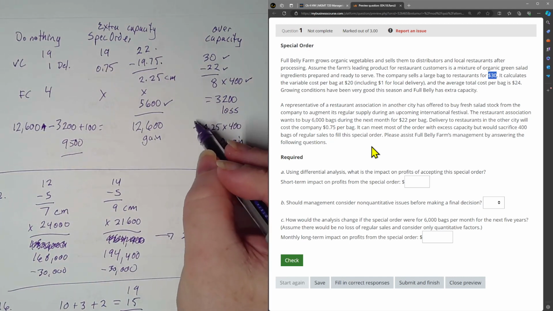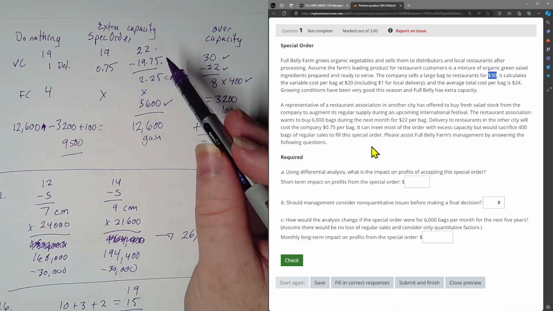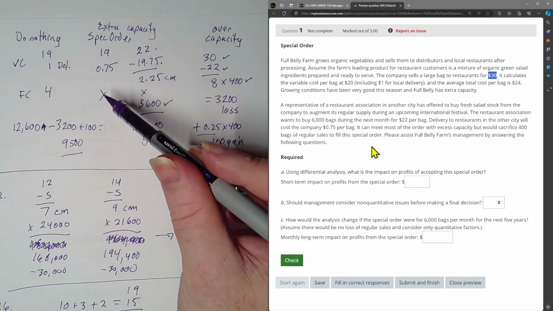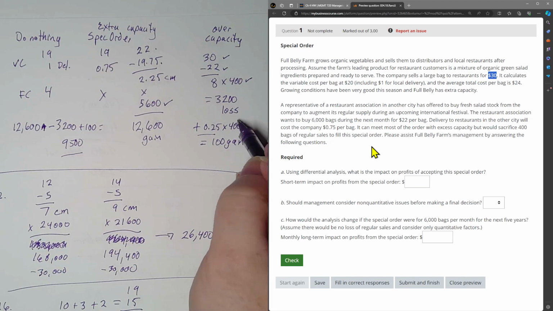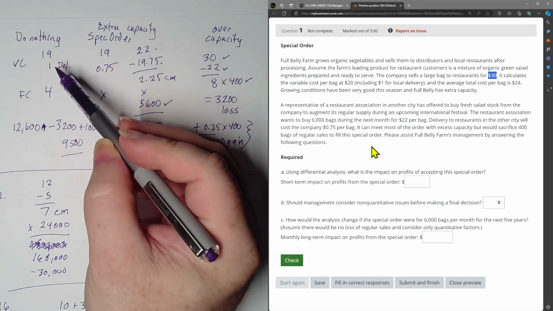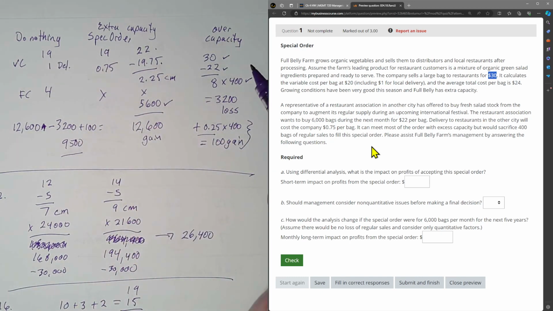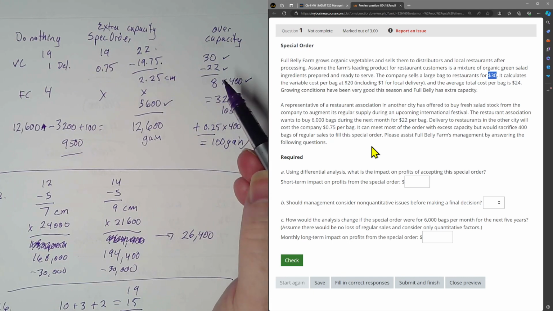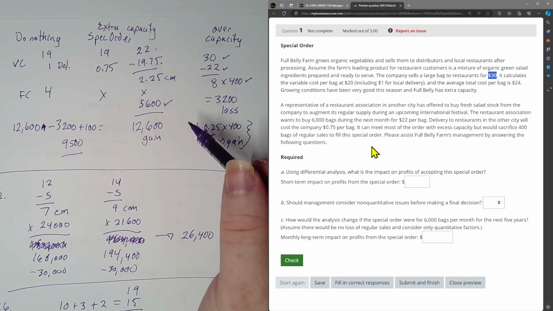But we have one other thing. Because we're taking 400 bags from our normal customers and selling it to the city, there is going to be some small incremental gain, because our normal variable costs for selling it in the city are $19 plus $1 for delivery. For doing the overcapacity, it's going to be $19 plus 75 cents for the out of the city delivery.